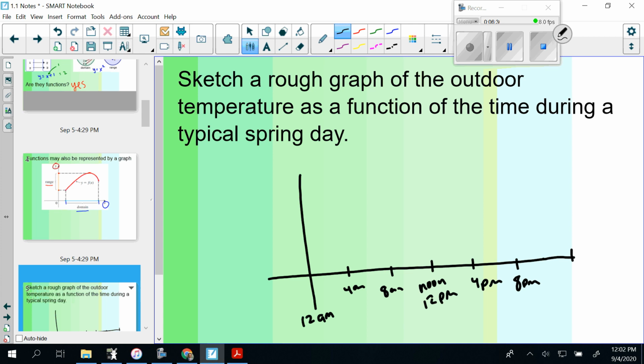So that is the time, and then over here is our temperature. Do a rough sketch of what you think this graph looks like.